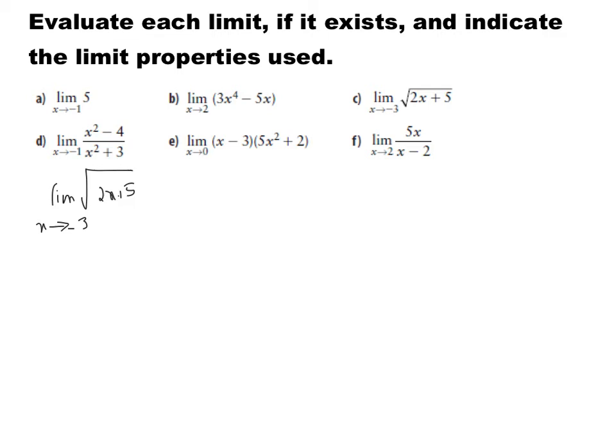Using the property of the nth root of a function, this is the same as the square root of the limit of 2x plus 5 when x goes to -3, which is 2 times -3 plus 5. -6 plus 5 is -1, and the square root of a negative number does not exist, so the limit of c is undefined.